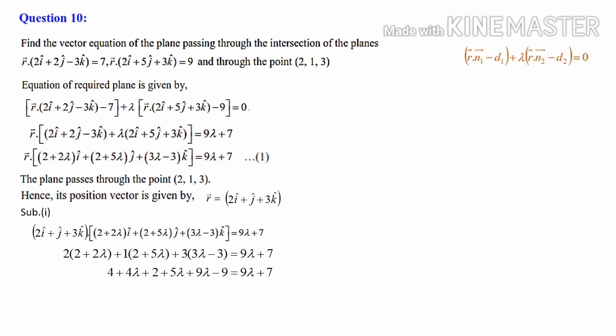That is 2 into 2 is 4, 2 into 2 lambda is 4 lambda, 1 into 2 is 2, 1 into 5 lambda is 5 lambda, 3 into 3 lambda is 9 lambda, and 3 into minus 3 is minus 9, equal to 9 lambda + 7.